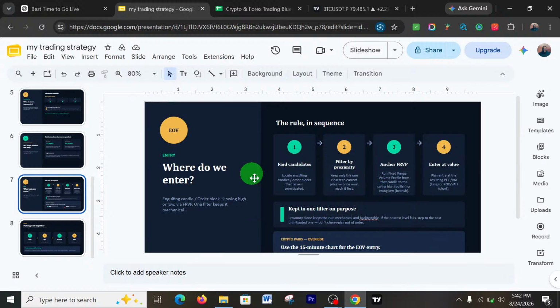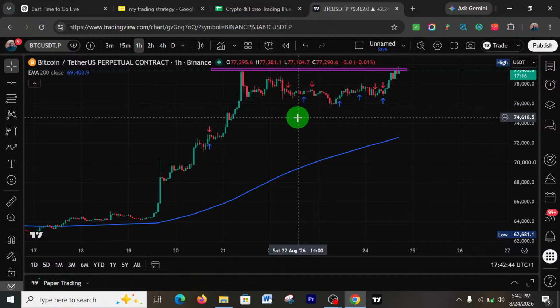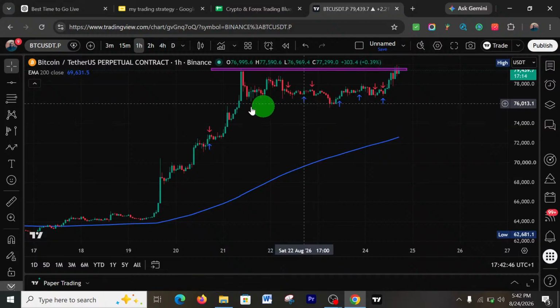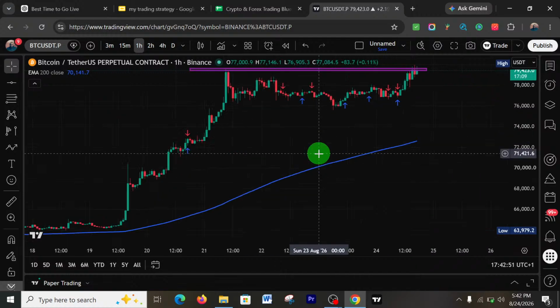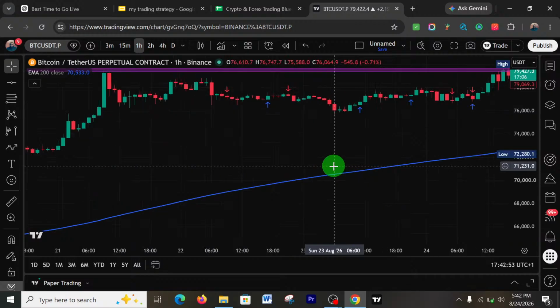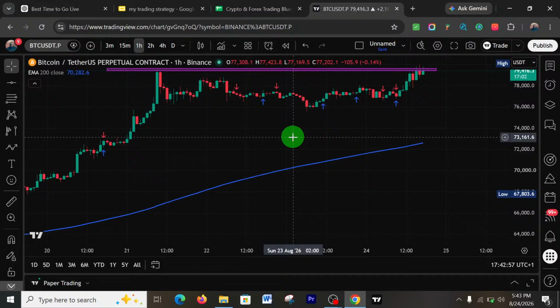For BTC, we use the 15 minute time frame for entries because it is a volatile asset. We don't want to use 3 minutes. Normally, I use 3 minutes for Forex, but for BTC, I use 15 minutes because it's a much more volatile asset, and it tends to respect richer time frames compared to noisier ones. 3 minutes is definitely noisier than 15 minutes.